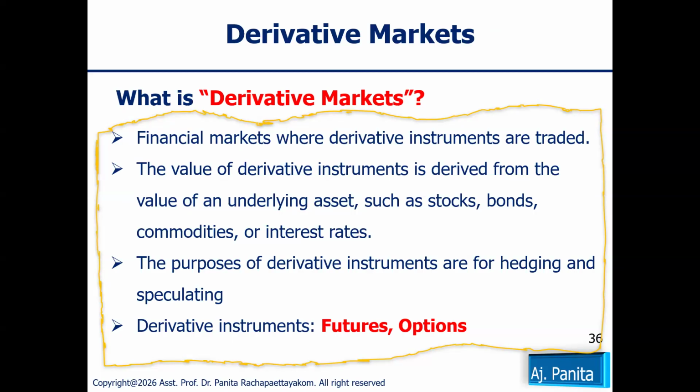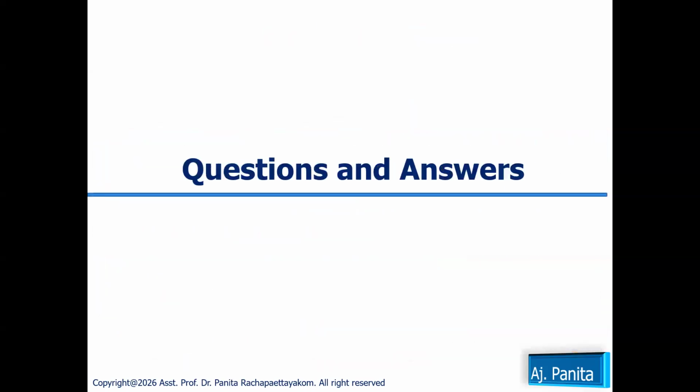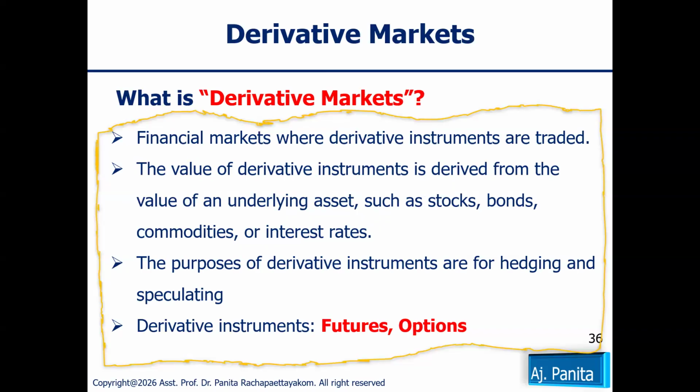This market plays an important role in managing risks and speculation. For example, the main derivative instruments are futures and options. Here on slide number 36, that's all the financial markets that I would love to share with you.